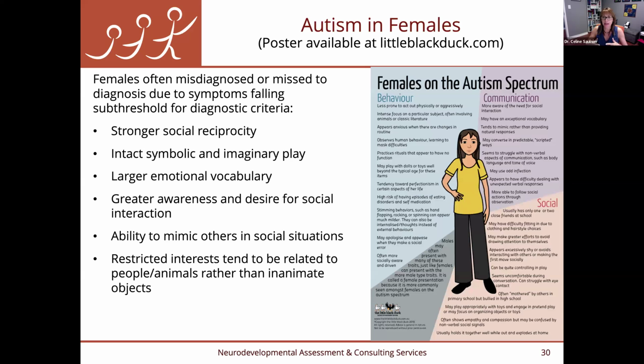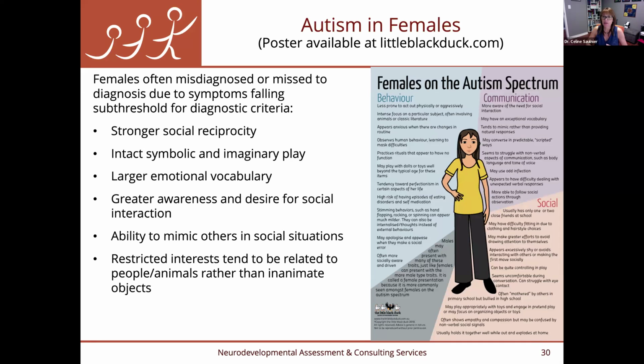But what we're learning now is that females, especially those with intact cognition and language, can have strong social motivation and reciprocity. Because of that motivation and reciprocity, there's more social monitoring and imitation and modeling. And that's where masking and camouflaging comes in. They're able to observe and mimic other people.